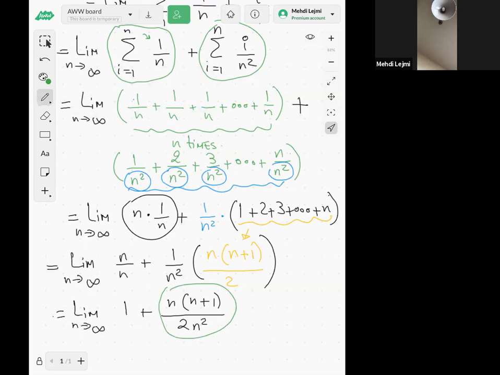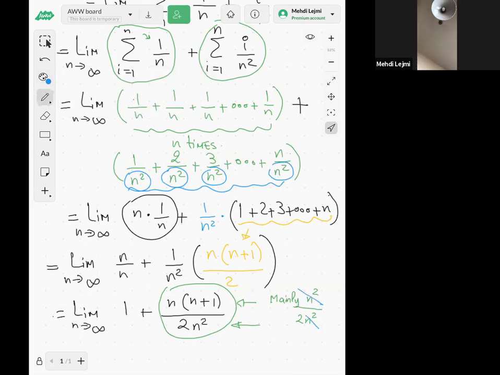When n or x or whatever goes to infinity, and you have a polynomial in the top and a polynomial in the denominator, you have to compare the degrees. So the degree of the top here is 2 because we have n squared. So this is mainly n squared, and here it's 2n squared. So it's n squared over 2n squared. So the limit actually would be just half.